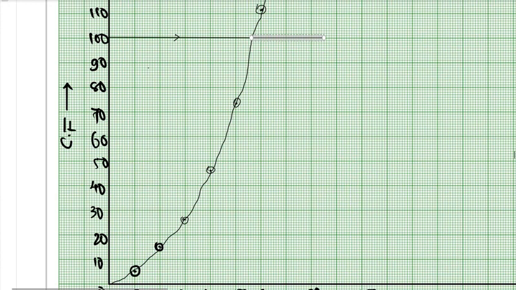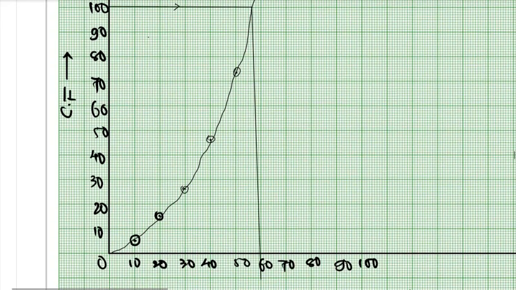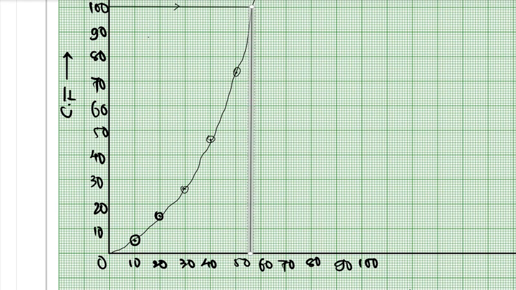Now it gets extended. Okay, I think this is quite straight. Cool. So this is the line. Okay, great. So I have found my median. This point is my median over here.